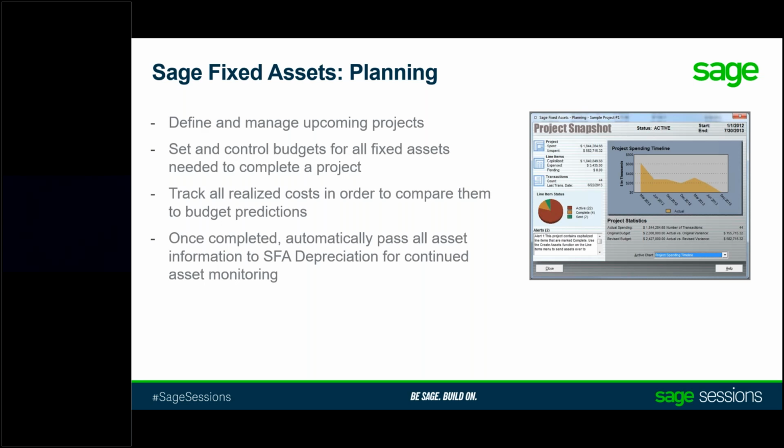All of these assets can then be sent individually or together over to any company in your depreciation database to start depreciation. So it eliminates the need for any type of double entry. So it's a great way of managing any project and being able to do some reporting on what your spend is against budget for any of those projects.